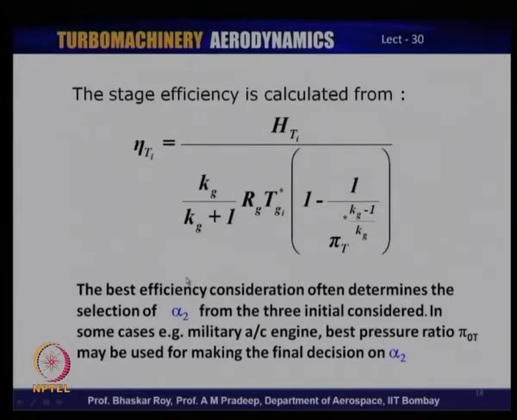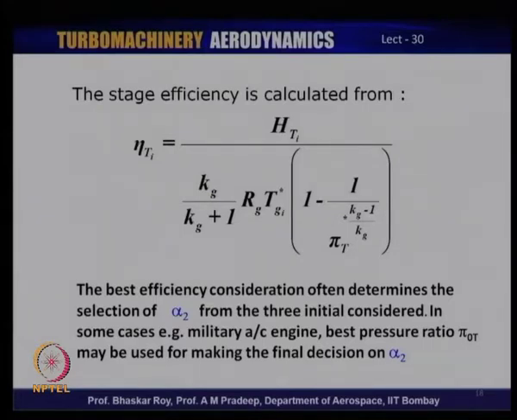And the best efficiency consideration is often used to determine which value of alpha 2, of the 3 or more that we had started off with at step 3, is to be finally decided for your design selection.